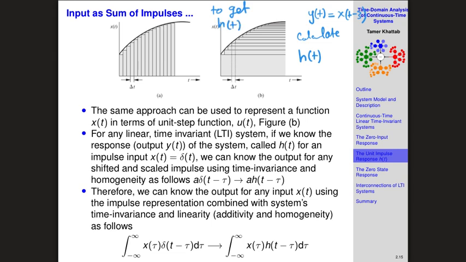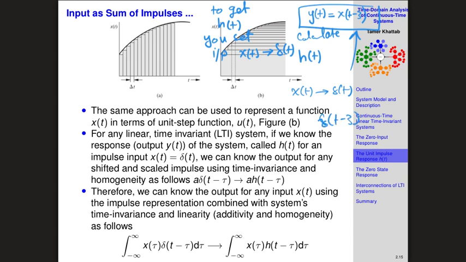To get h of t, you set the input, which is x of t, to become delta of t. If I put x of t to become delta of t, what's going to be the corresponding output from this system? Replacing x of t by delta of t in this equation means that I have delta of t minus 3, because here I'm not getting x of t, I'm getting x of t minus 3.